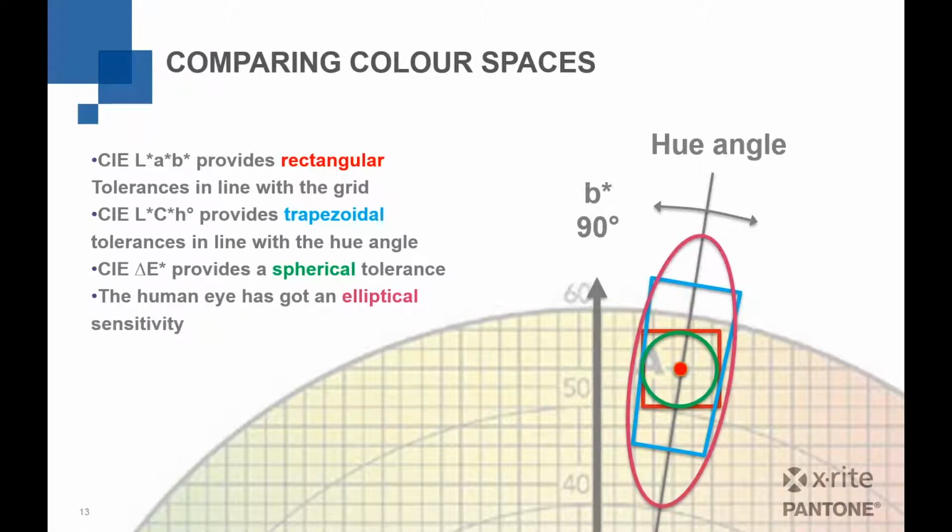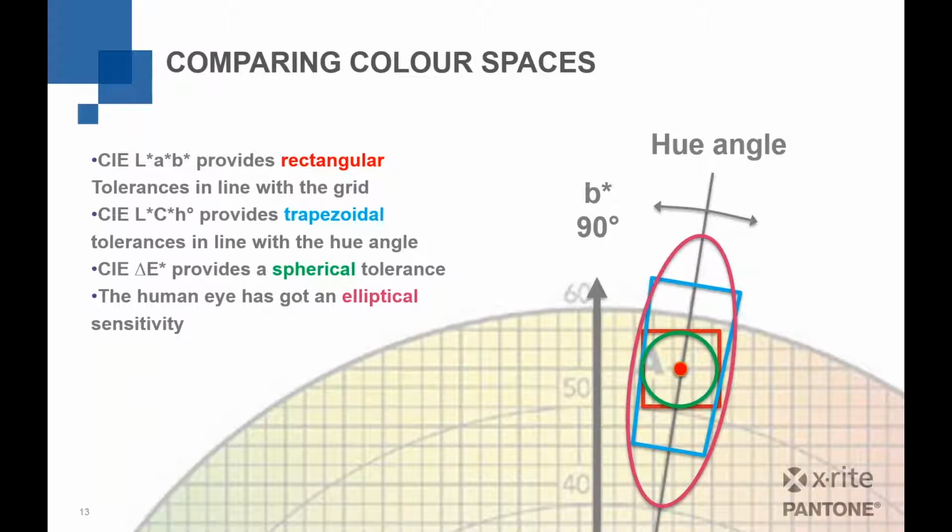As I said before, the human eye has got elliptical sensitivity. So in this case, if we were in a yellow, where we are quite forgiving, our visual pass-fail would include almost all of these different shapes.